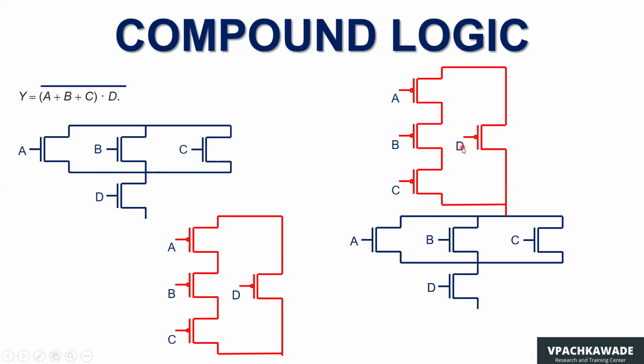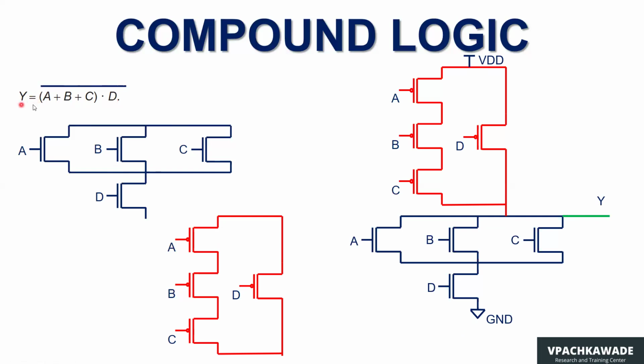Now, time to connect VDD as shown, ground as shown, and there is this green output Y. So this is how you implement the compound logic using CMOS transistors, which is Y equals A or B or C in parentheses and D, and then take the complement of it.